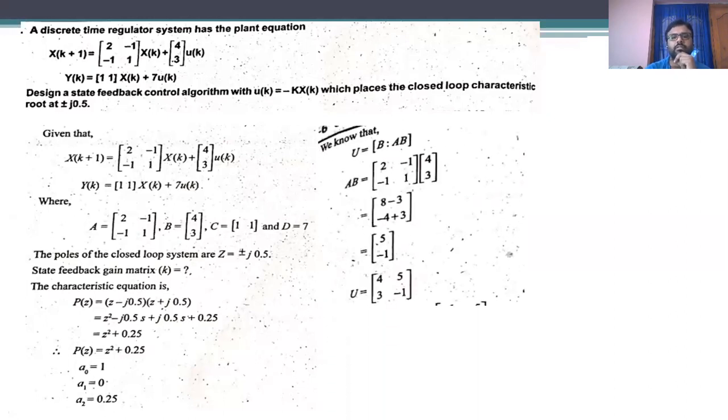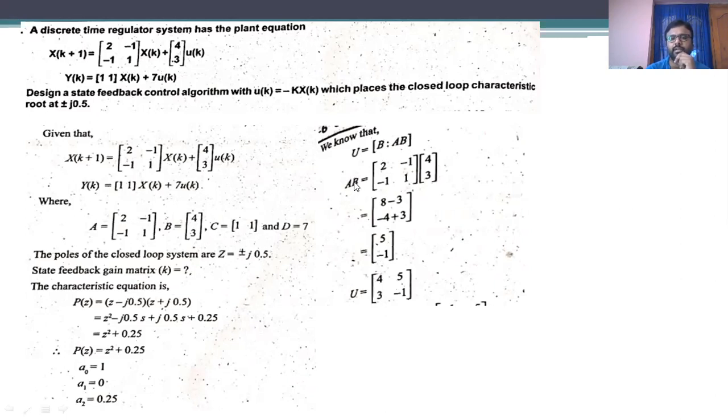For obtaining the controllability matrix U, since the order of the matrix A is 2, only two elements are going to be there, B and AB.